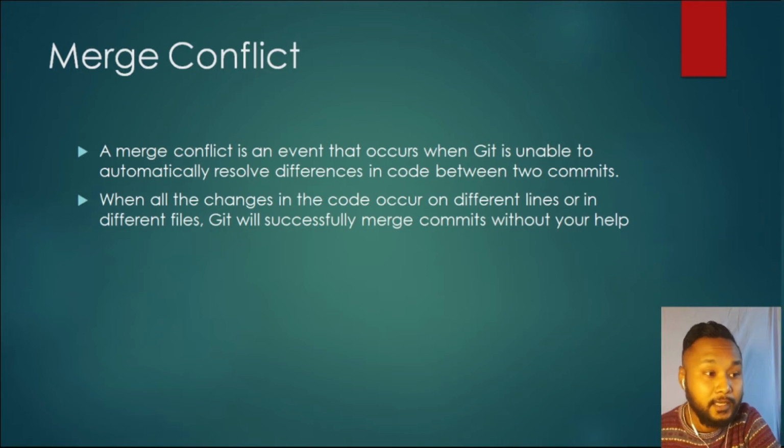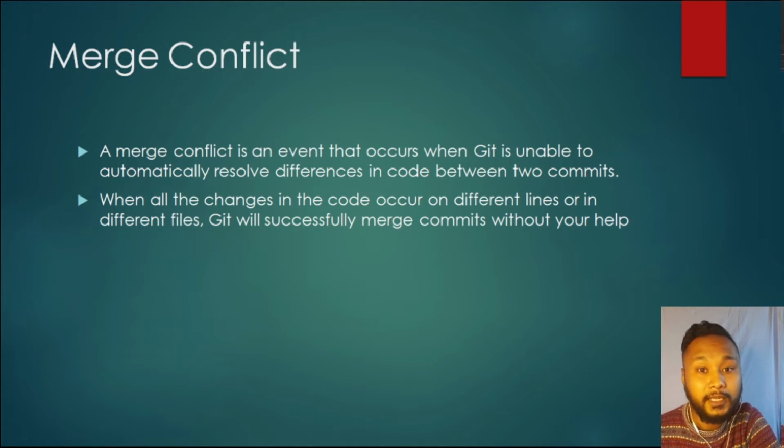As you can see on the screen, a merge conflict is an event that occurs when Git is unable to automatically resolve differences in code between two commits. Let's say we have two different commits done in two different branches, in the same file. One version contains certain content, and the other contains content quite different from it.